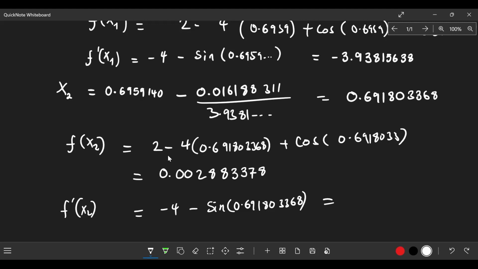And then who tried the second one, the derivative? Negative 4.6379 26987.